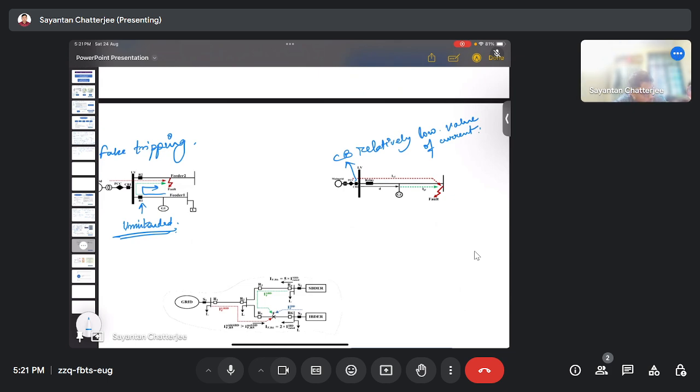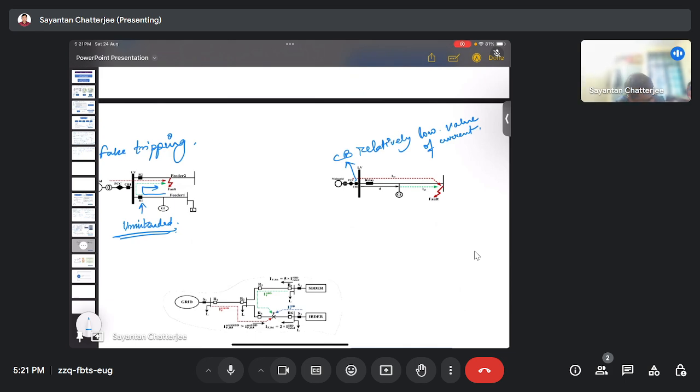With this, the resultant would mainly be a blinding action to this circuit breaker, where the breaker won't be tripping.